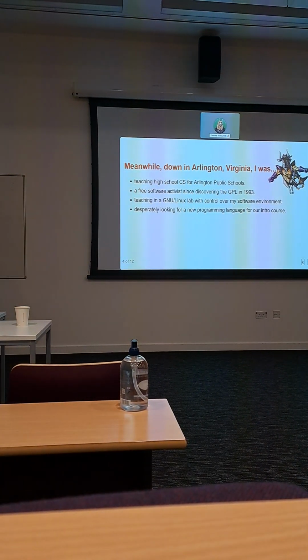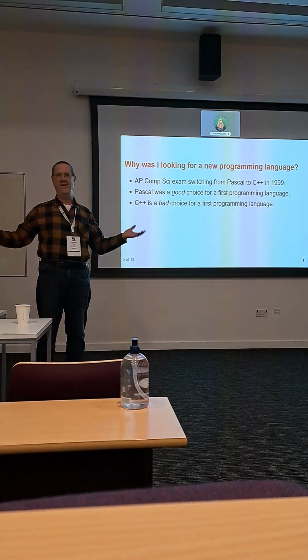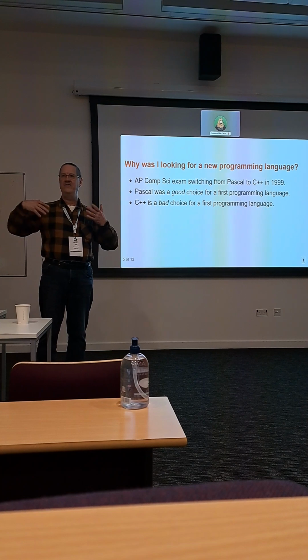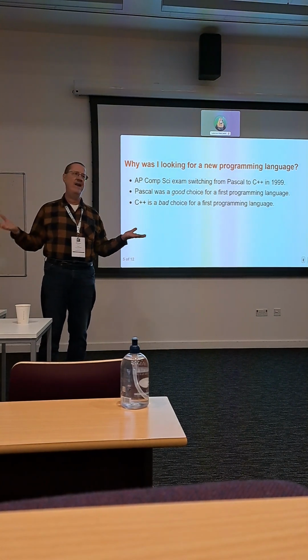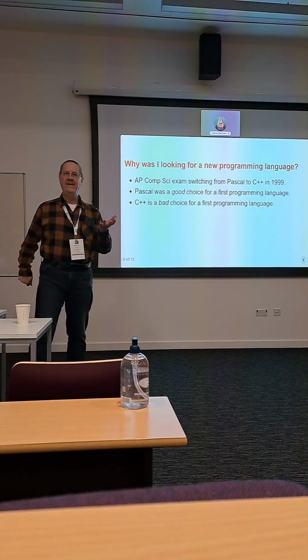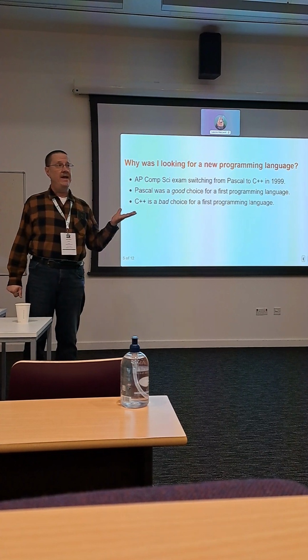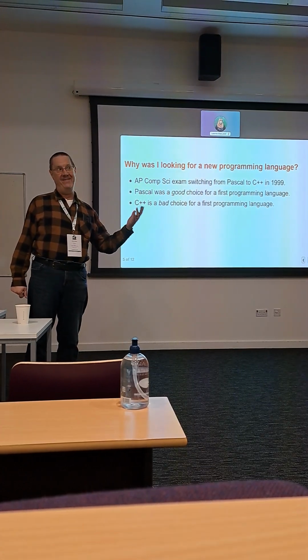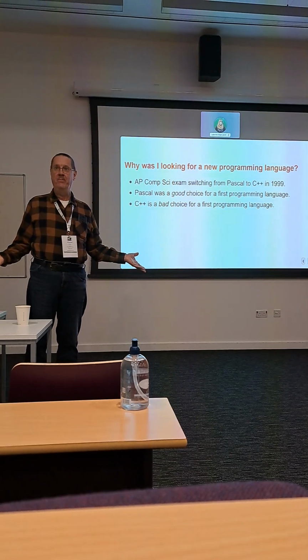Because there's this thing called the Advanced Placement Computer Science that we have in the US. It's a standardized test that students take across the country to get college credit while they're in high school. And so it's called AP. And AP Computer Science used a programming language called Pascal, which was a wonderful language for teaching people to program.